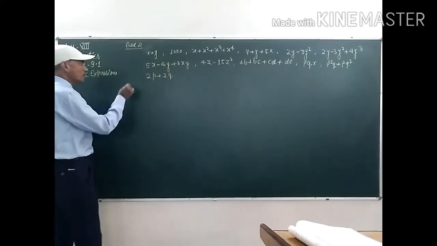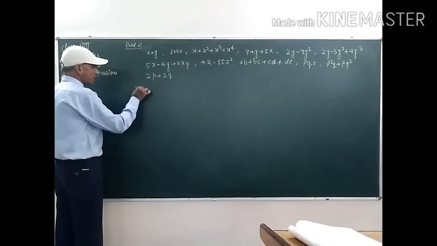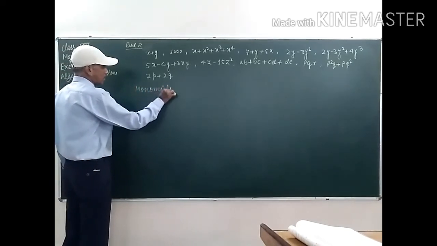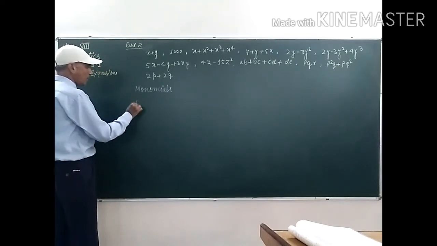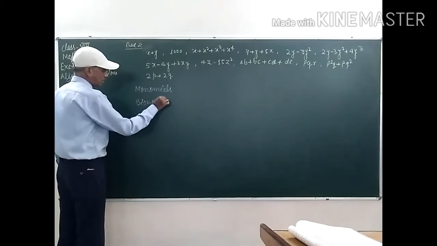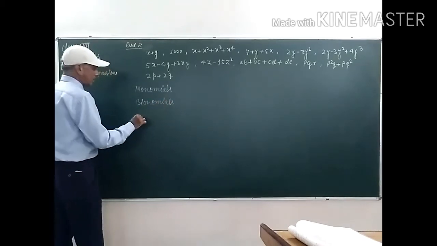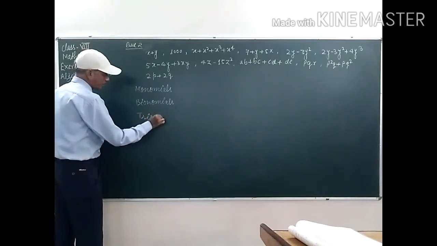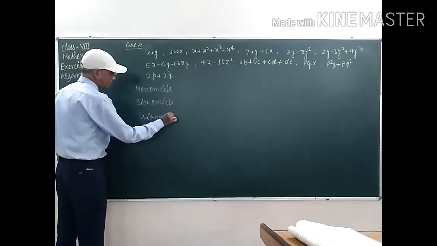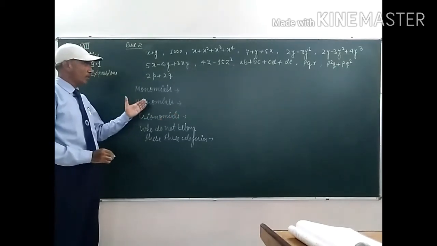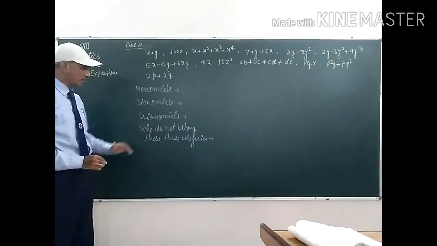So first one is monomials, second binomials, third one is trinomials. First of all, we have to understand what are monomials, what are binomials, what are trinomials.